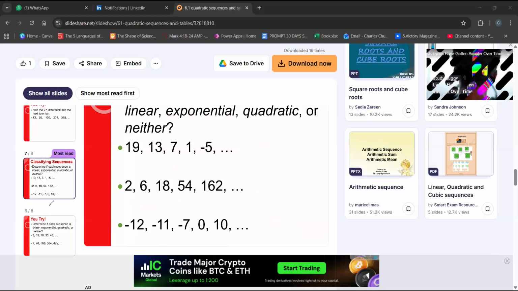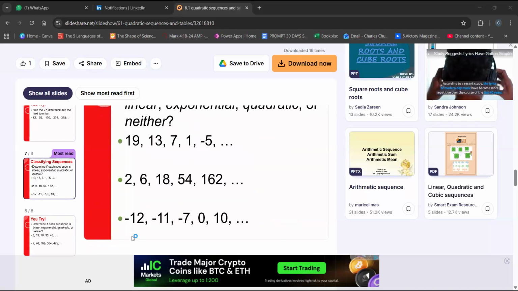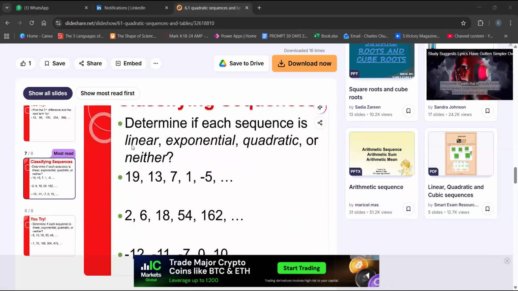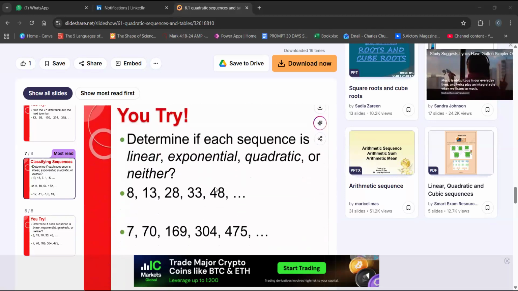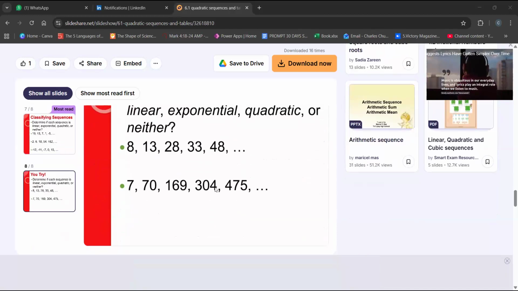So you've also taken note of the other names for arithmetic and geometric sequence, right? Yes. Okay, nice.